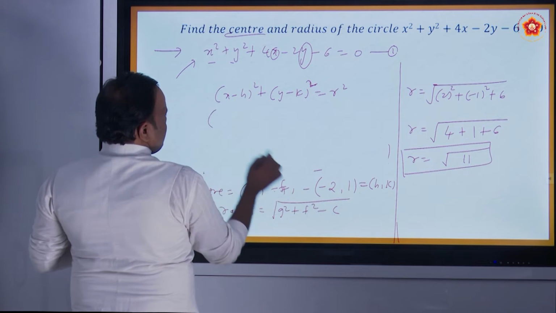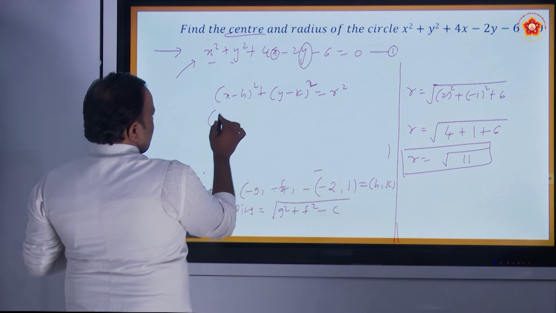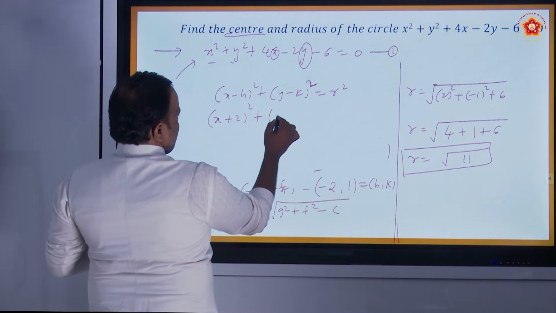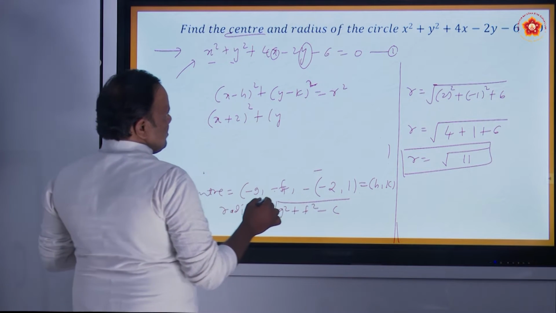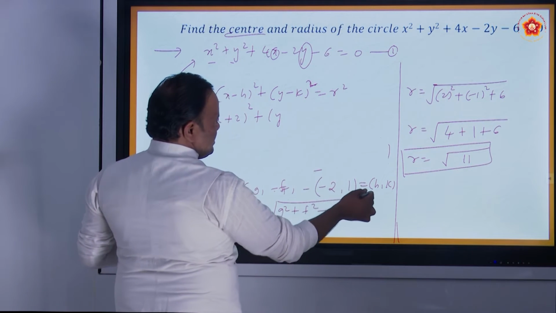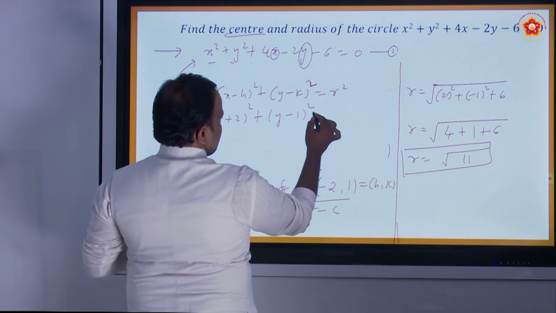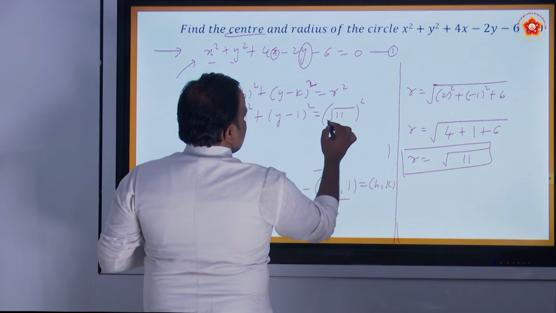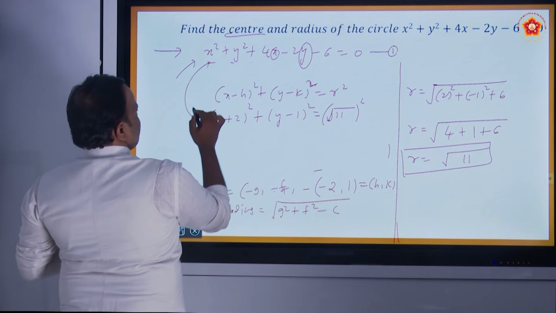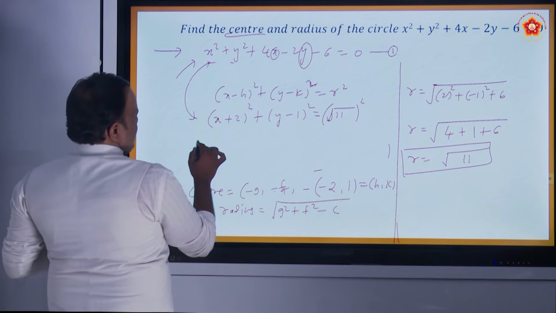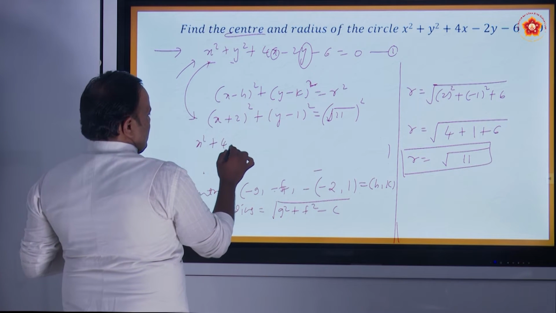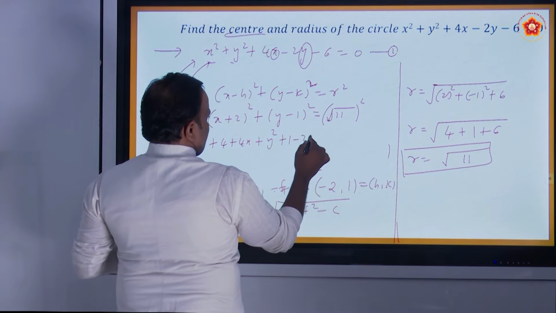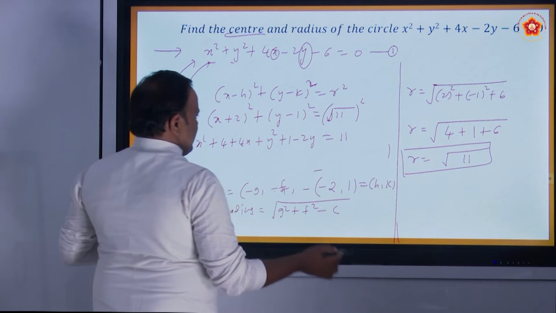What is h here? Minus 2. So x as it is, minus minus is plus 2, whole square, plus y minus k, where k is 1, minus 1 whole square. We know r is root of 11, so r square is 11. Simplify, and we will get the same answer because this is the reverse problem. x square plus 4 plus 4x plus y square plus 1 minus 2y equal to 11.